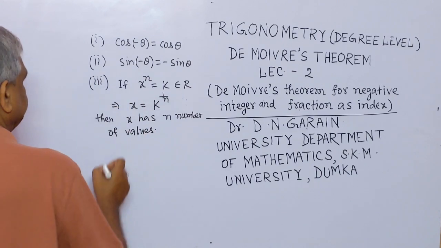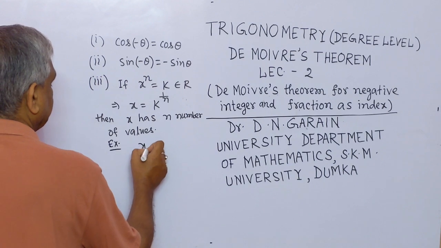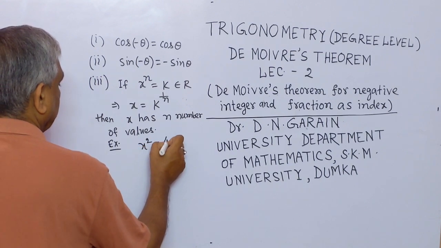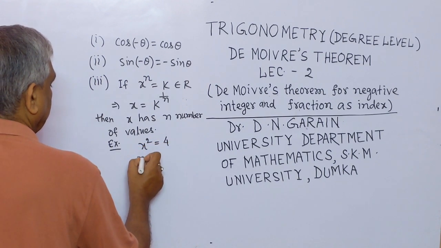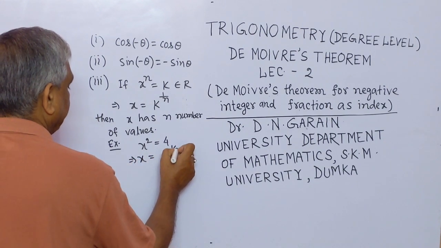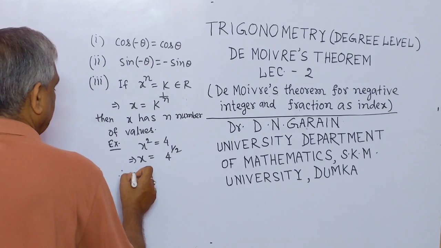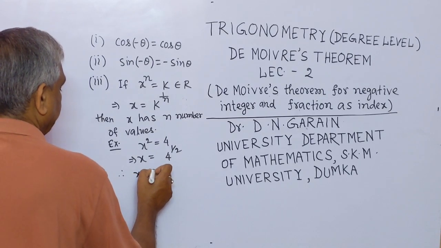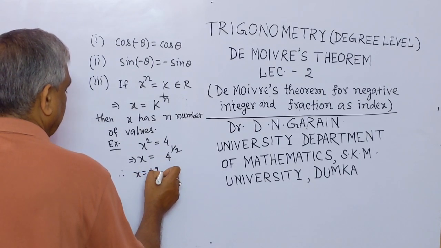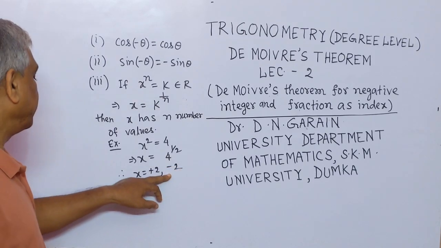For example, x square equal to 4 implies that x equal to 4 to the power half. Therefore, x equal to plus 2 and minus 2, two values of x.